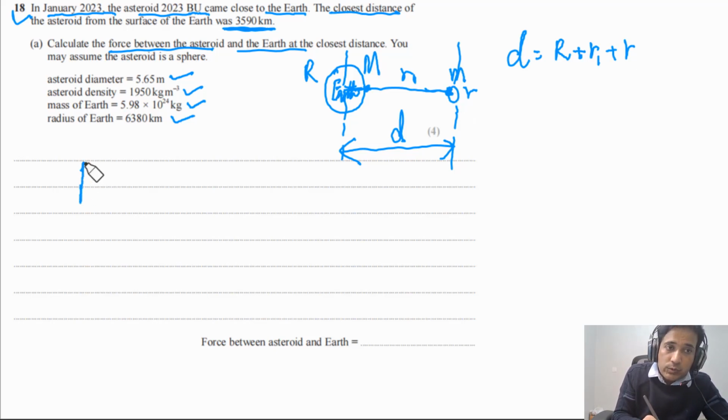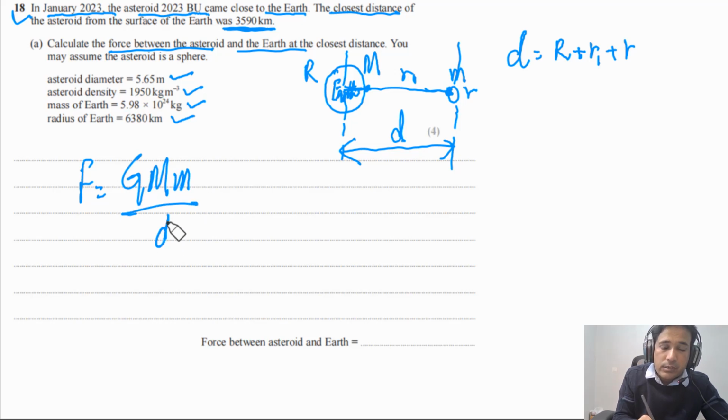Now we need to use Newton's law of gravitation. So this is G capital M small m over d squared. G is a constant value, and the mass of Earth, capital M, is given to us. So we need to find the mass of the asteroid. How can we find the mass of the asteroid?